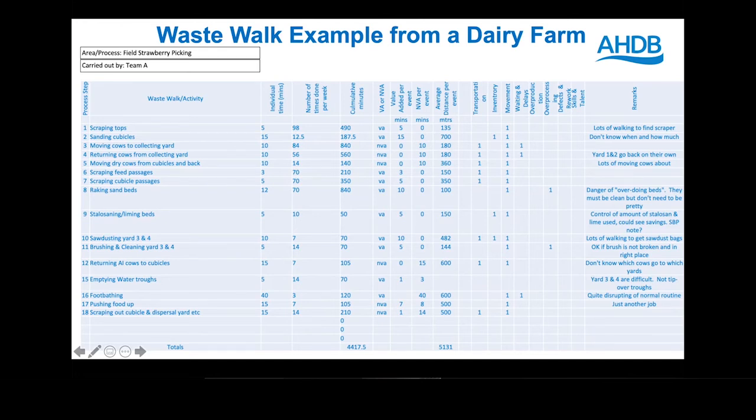That gives you the total amount of time, whether it adds value or non-value add, the amount of distance involved within it, and then it's got indicated on here what type of waste it is, and then some ideas of what kind of things can be done to actually improve this particular process.